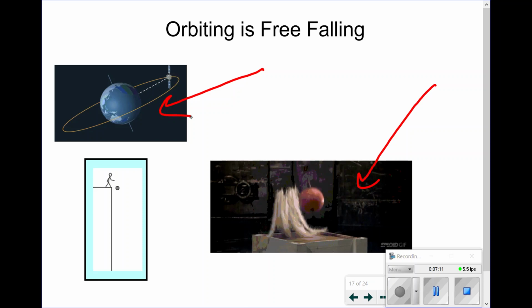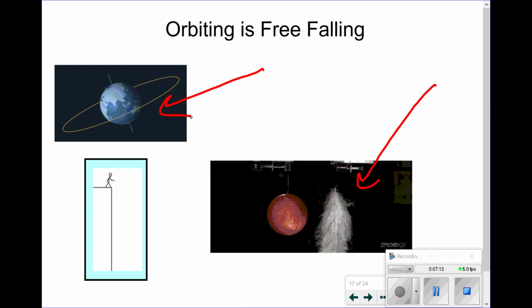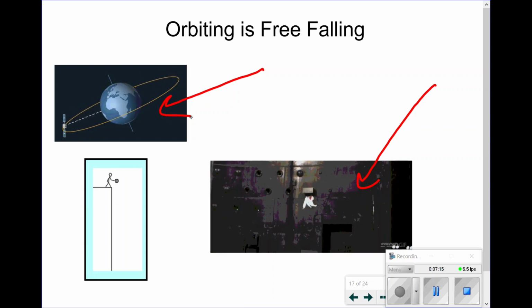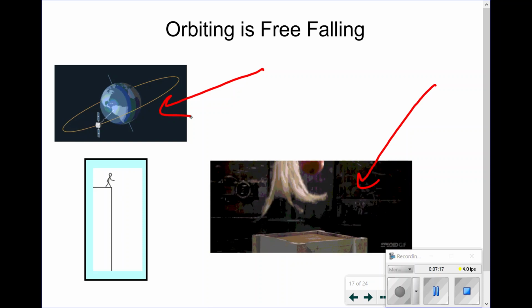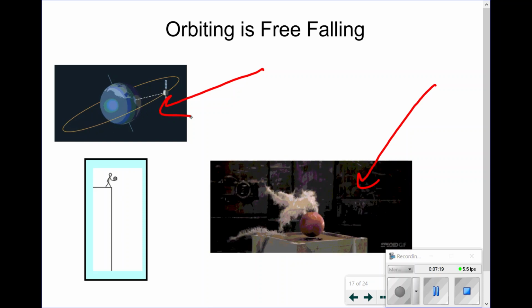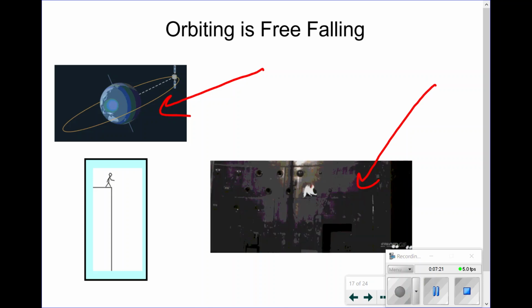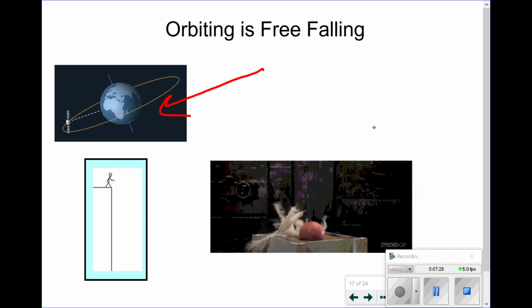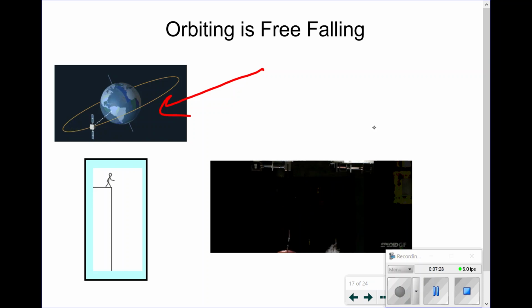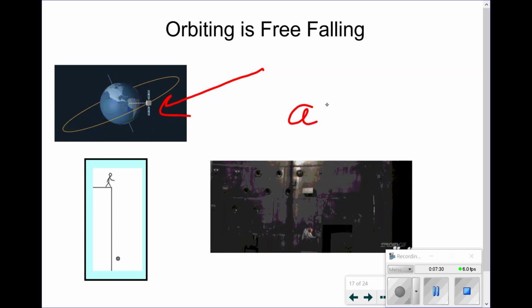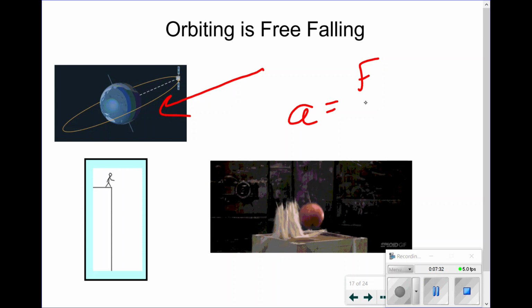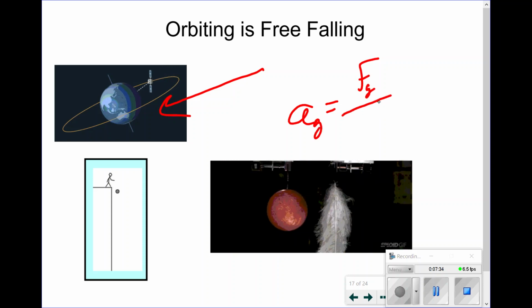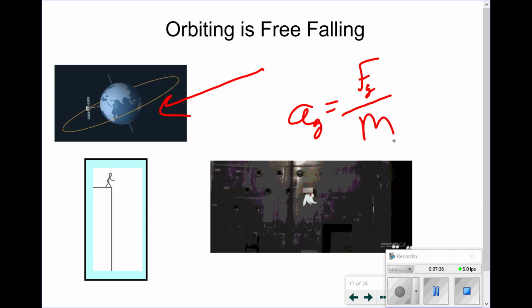But the acceleration that the moon has falling towards the Earth would be the exact same as that pebble. Just like the feather has the exact same acceleration as the bowling ball. Because again, acceleration of gravity is equal to the force of gravity acting on the object divided by the mass of that object.